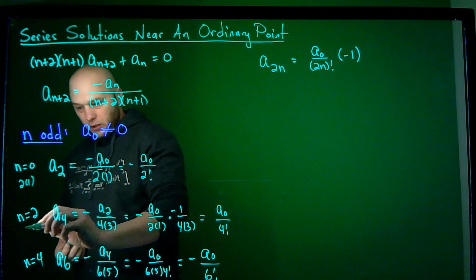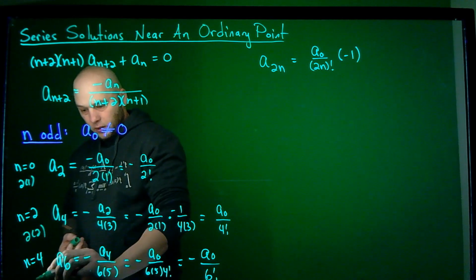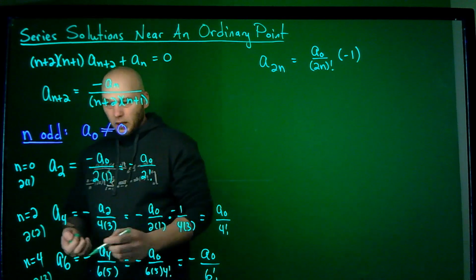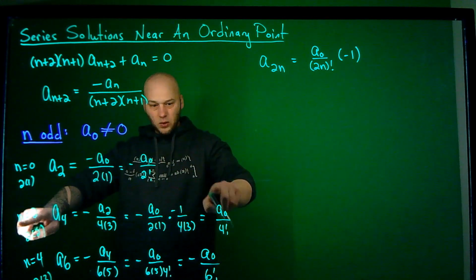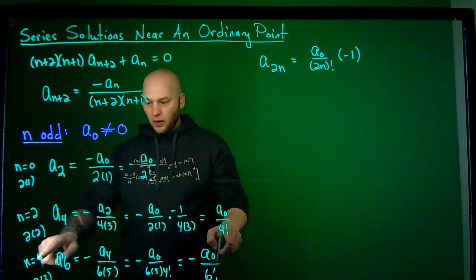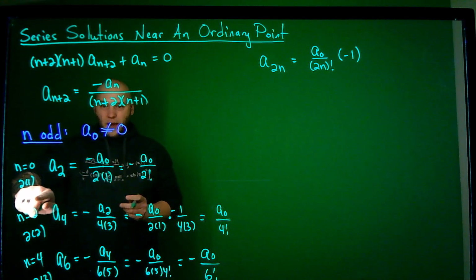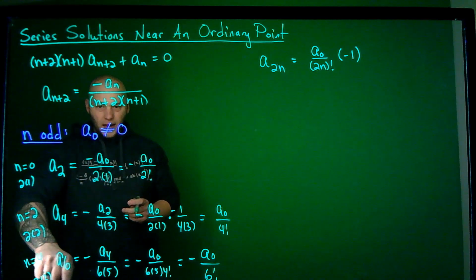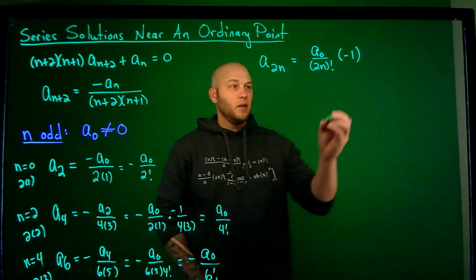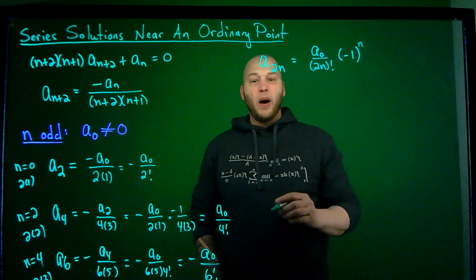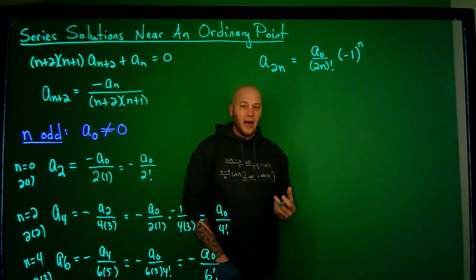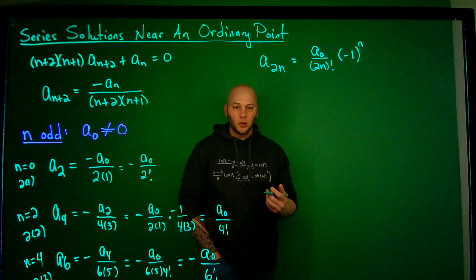The subscript here is 2 times 2. The subscript here is 2 times 3. And notice that this one is negative, this one is positive, this one is negative. Also notice that the factor of 2 is odd, even, odd. In other words, negative 1 to the nth power is going to be the coefficient for the even terms.